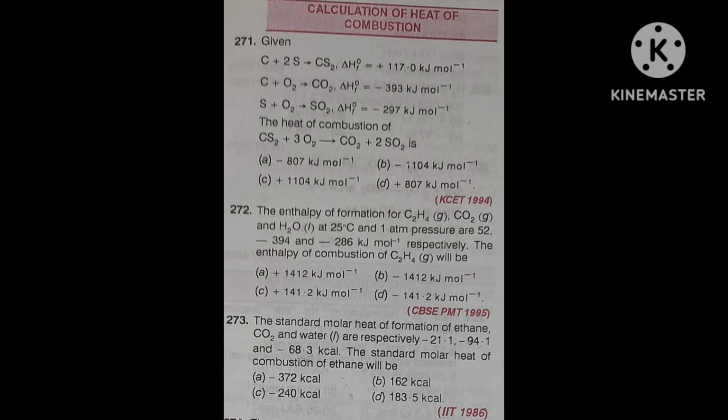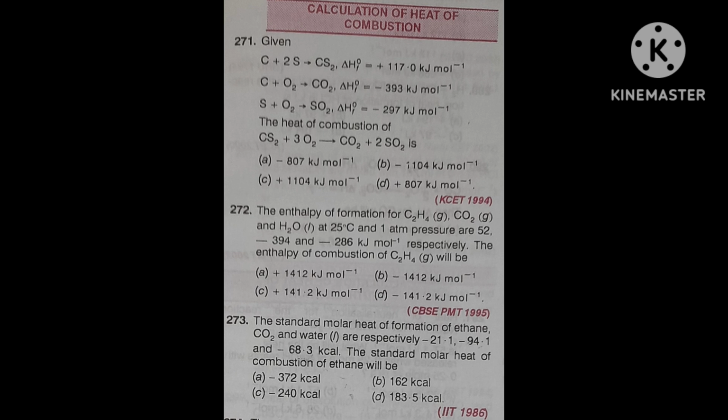One more thing: multiply equation third by 2 and add equation second, and after that subtract equation 1. This is the important point: 2 into equation third plus equation second minus equation 1.